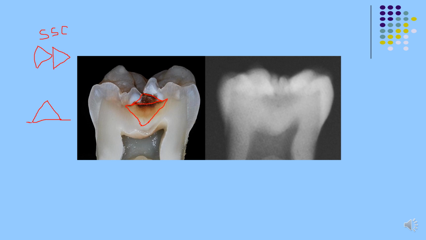There's lateral extension at the DEJ, and there is a caries lesion in the dentine. So the second one that I'm drawing is pit and fissure caries. Why is this difference that we see?